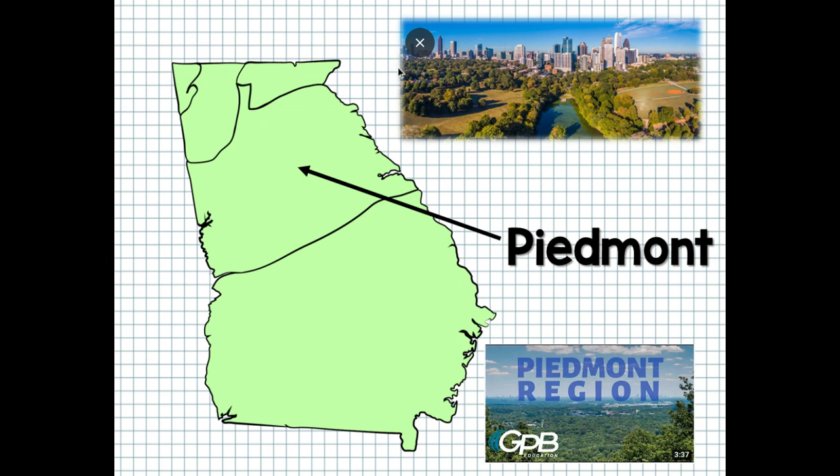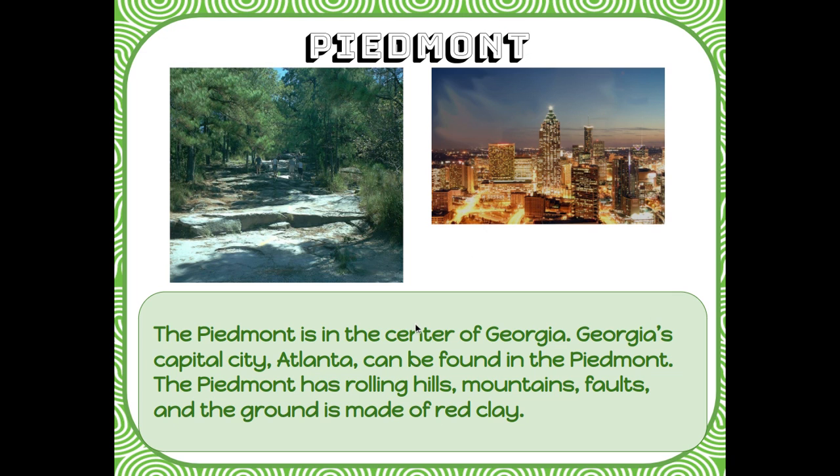It's also known to be the home of our capital, which is Atlanta, Georgia. All right. Atlanta is the capital. It is in the Piedmont. It is known for the rolling hills. You start to see mountains in this area, and the ground is made of red clay in this area.